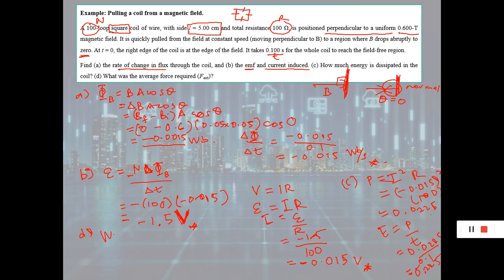We know that work equals Fd, so force equals work over d. So you get work is 0.225 over d. What is the d? d is the distance.